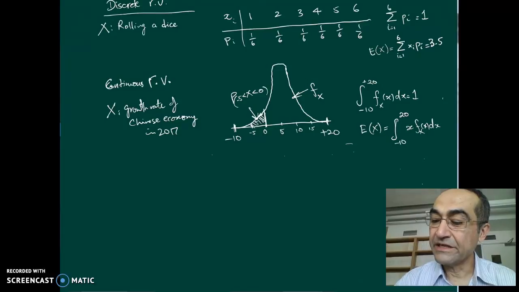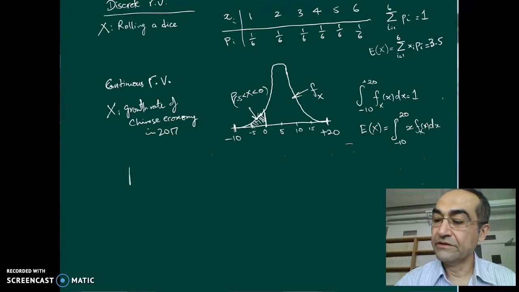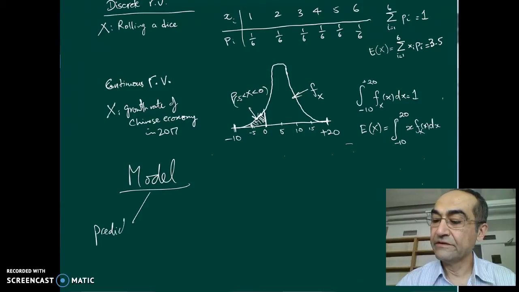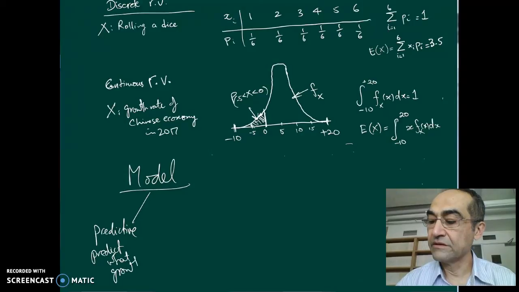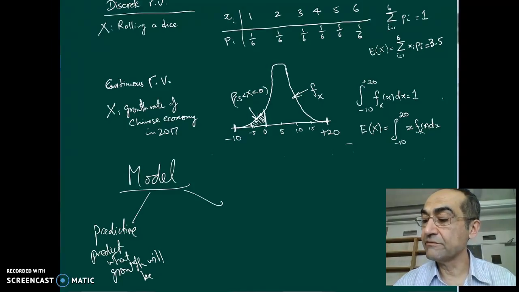So we can have a model that is either predictive. A predictive model only allows us to predict what growth is going to be, given the current set of economic conditions and economic policies, or it can be prescriptive.